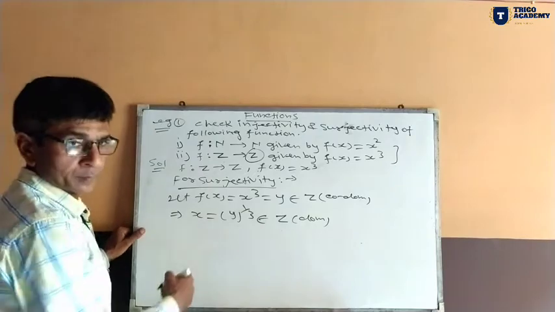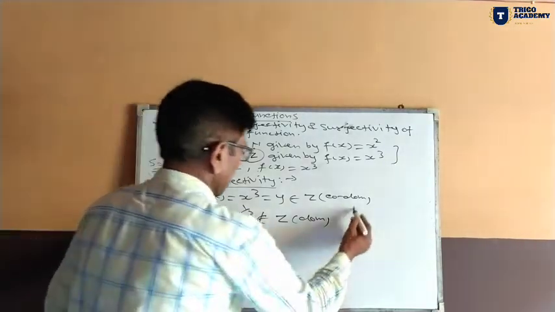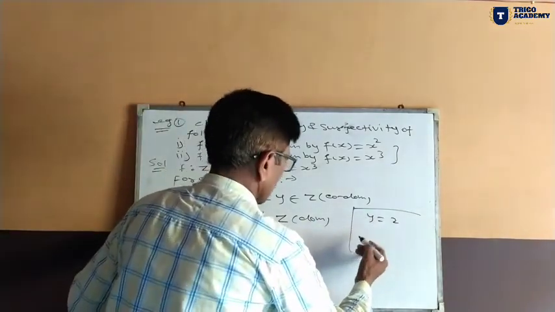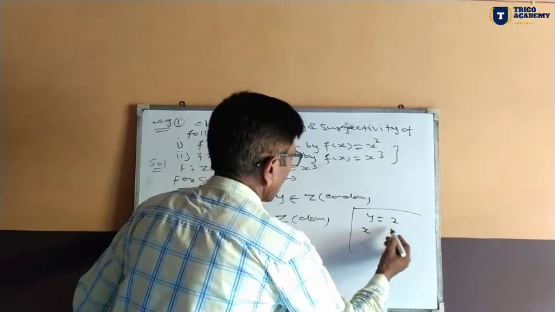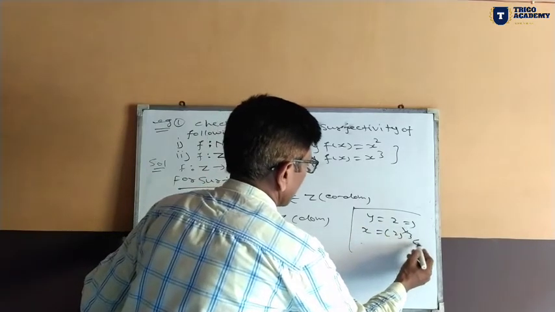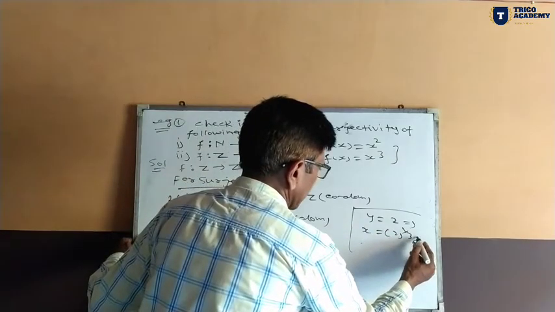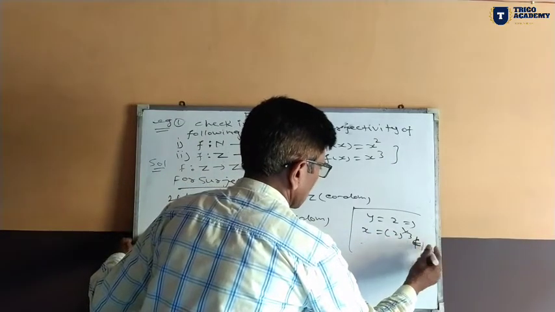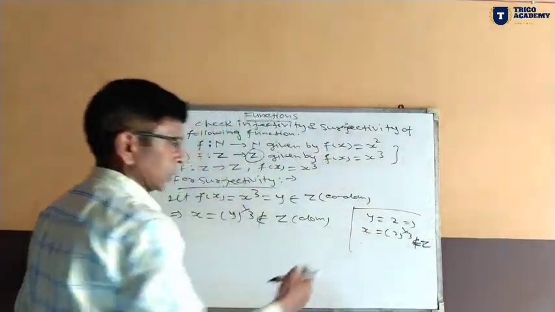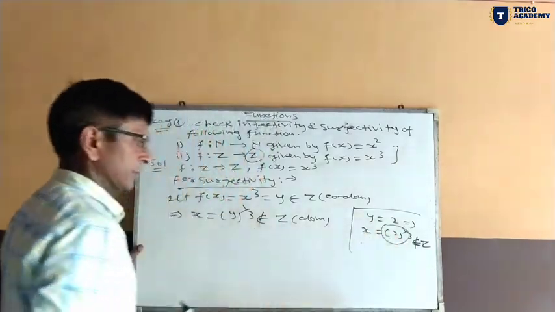The reason behind this: if we take y equal to 2, then x will be equal to 2 raised to 1/3, and 2 raised to 1/3 is not an integer value, it does not belong to Z. 2 raised to 1/3 is not an integer.